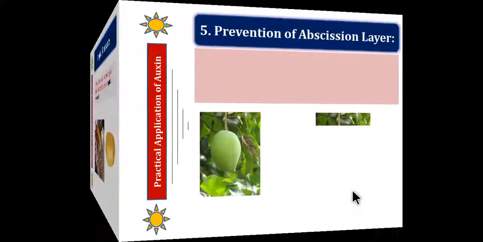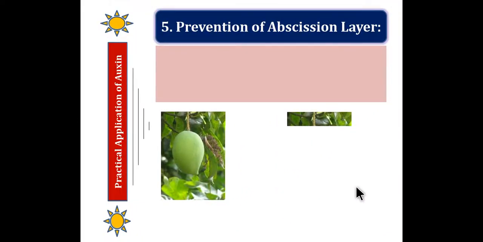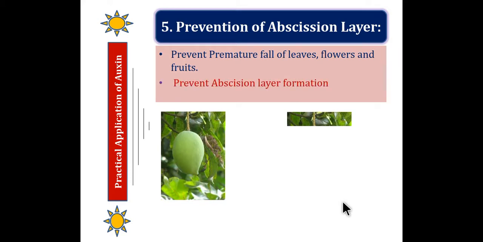The next application of auxin is prevention of abscission layer. The auxin is involved in preventing the premature fall of leaves, flowers, and fruits. This happens due to the formation of the abscission layer.